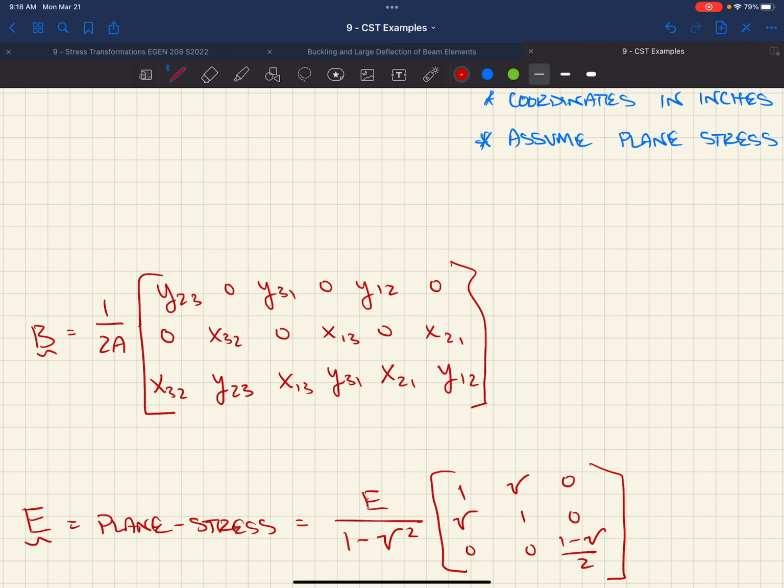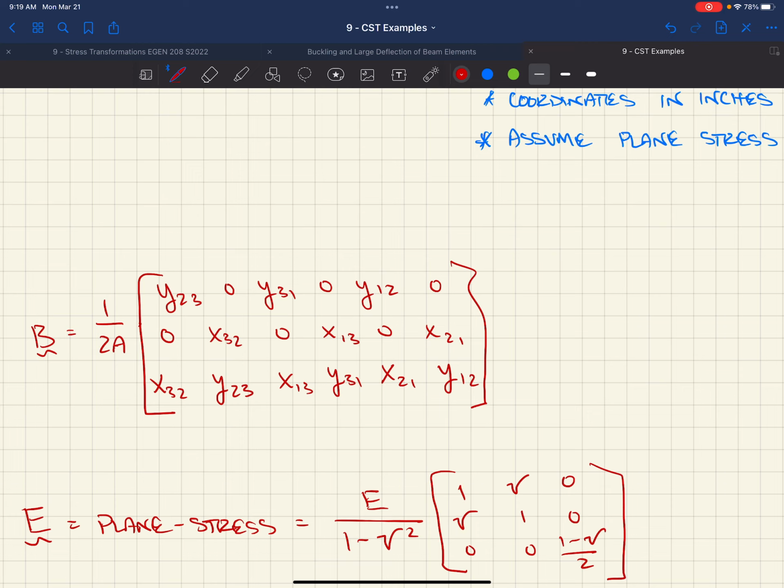Because when we look at this strain displacement matrix, this is the partial with respect to y, this is the partial with respect to x. All we're doing for the strain direction is taking the partial of x and y. So we essentially take these values and plug them in down here, take these values and plug them in down here. So I just transposed those.